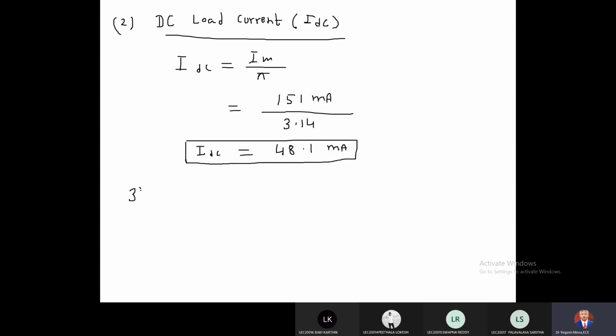Now, suppose if you want to calculate the AC load current.